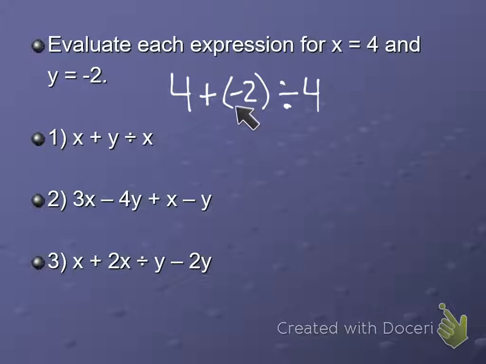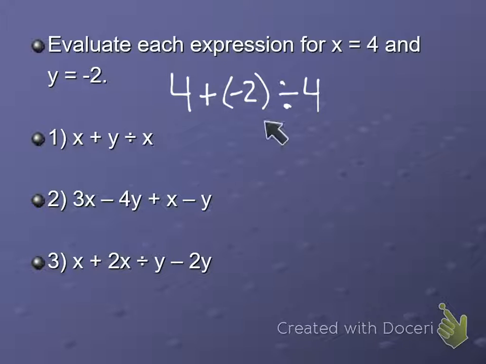Notice how I put the negative 2 in parentheses. That's not because I'm multiplying it. That's just to separate the negative sign from my addition sign. So I rewrite the problem, plugging everything in. Then we go to our order of operations.